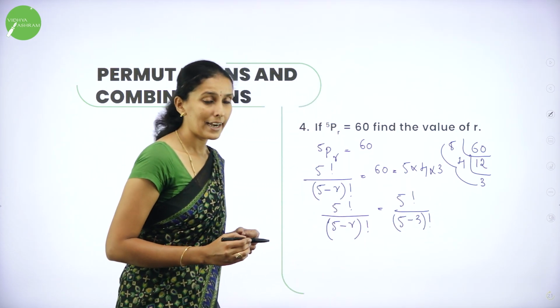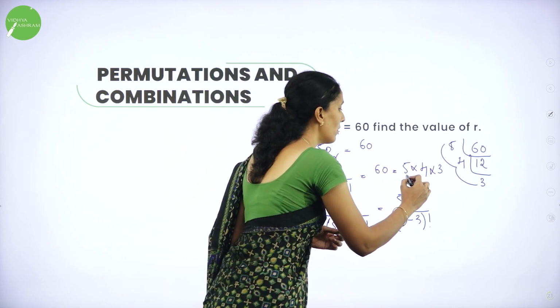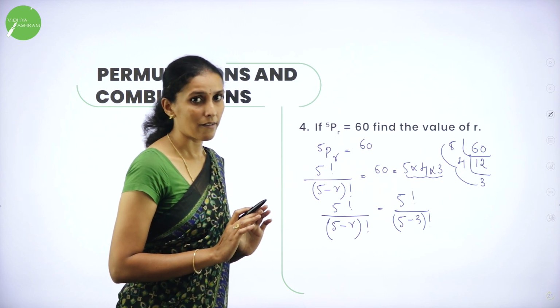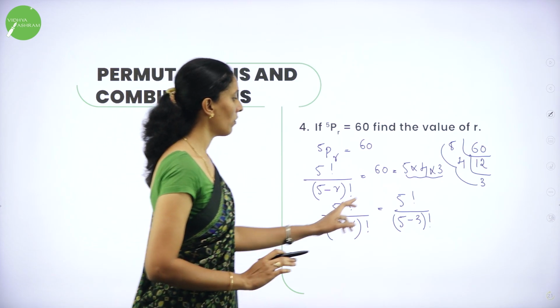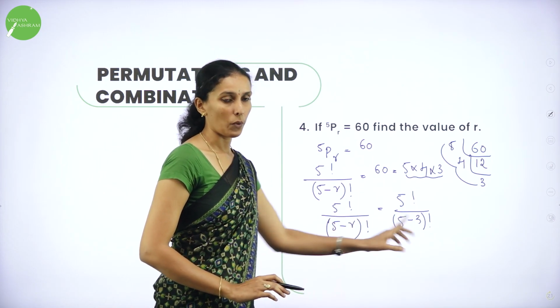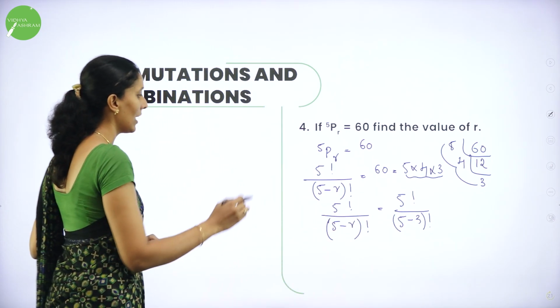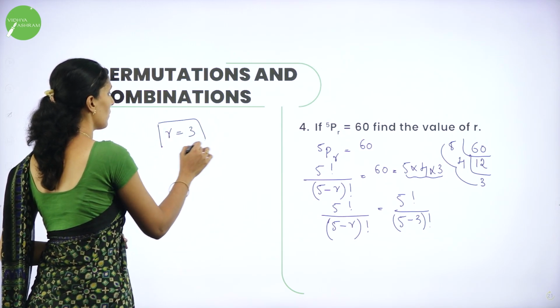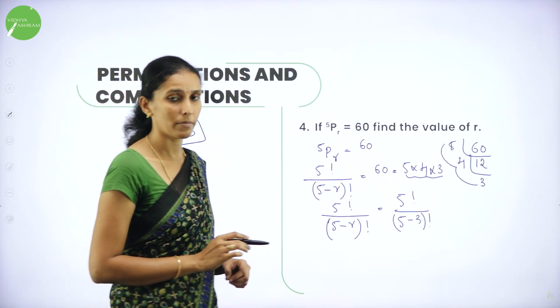As I said, when you have written 3 numbers, that is nothing but 3 factors, you can write them in the 5 factorial. So therefore 5 minus 3 factorial. So when you compare these 2 equations, you can clearly say that R is equal to 3. Okay, so this is only by the inspection method.